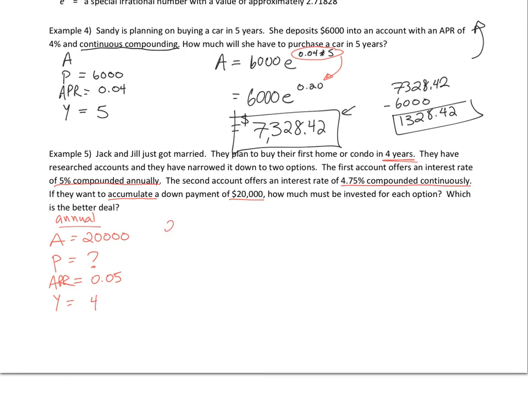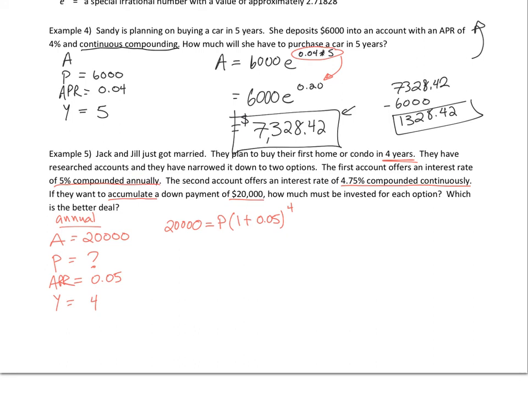So this is going to look a little bit different. This will be 20,000 equals P times 1 plus 0.05 raised to the 4th power. Again, we don't need N here or here because it's only happening once per year. It is an annual rate.